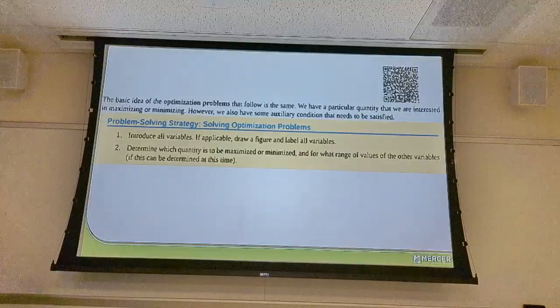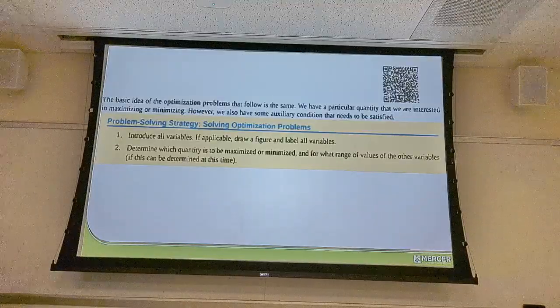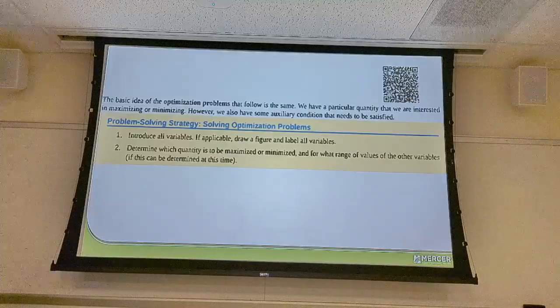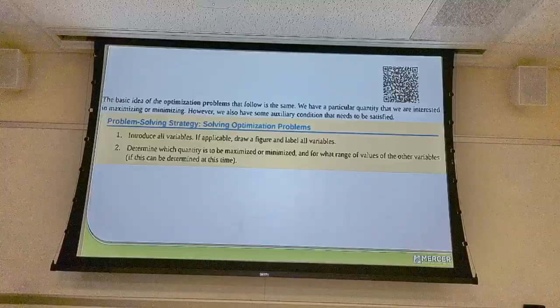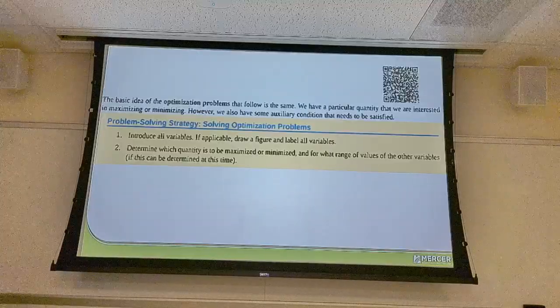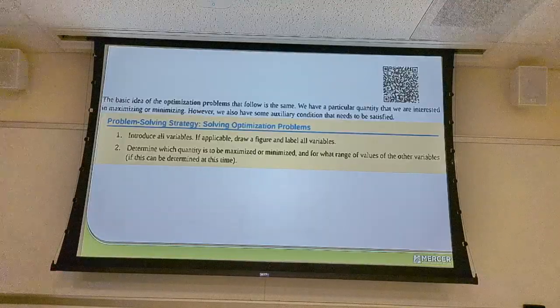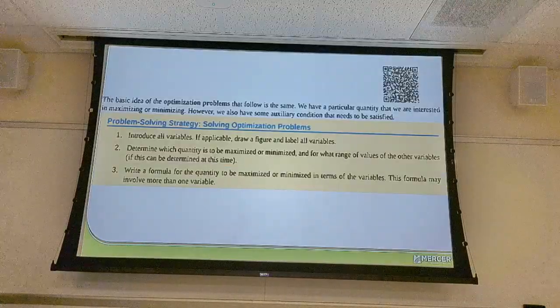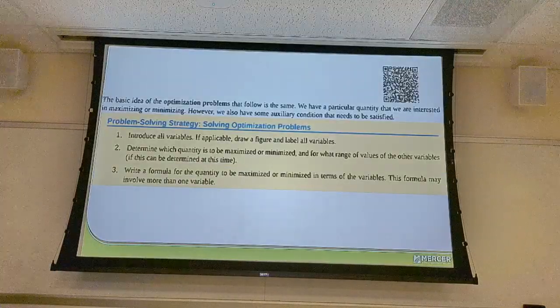You need to then determine what quantity you are trying to optimize, and for what range of values. Write a formula for the quantity to be optimized.